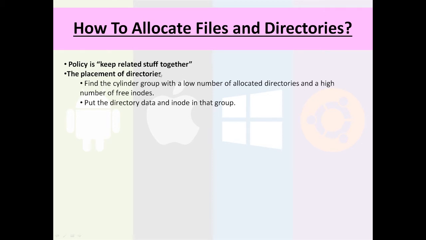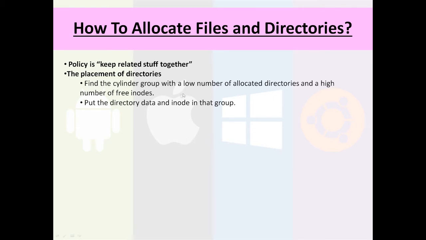And to obey this mantra, FFS decides what is related. What do I mean by related? The idea is that it wants to place related stuff within the same group, and conversely, unrelated items should be placed into different groups. To do this, they made use of a couple of different heuristics. And a heuristic is just a metric that you can use to measure performance.